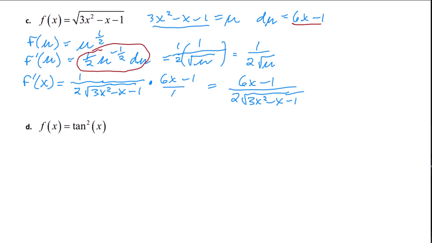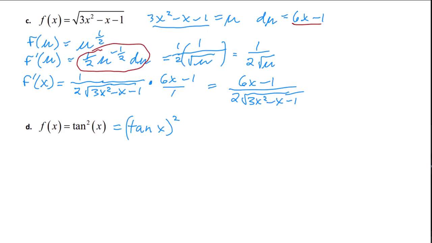I think you're going to discover that some of the ones that really tax your mentality and sanity are the ones involving trig functions. So I'm looking at this example D and seeing tangent squared of x. What does that really mean? Let's rewrite it. That means tangent of x squared. That's really what that means. You might have forgotten.